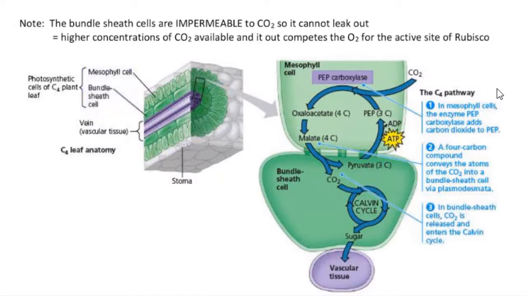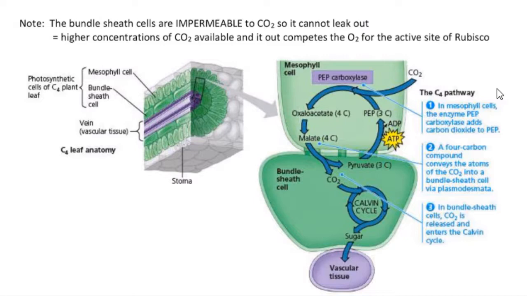Instead of the carbon dioxide being attached to RuBP by Rubisco, we attach it to a different molecule called PEP, phosphoenolpyruvate. Carbon dioxide gets fixed to PEP instead of RuBP.